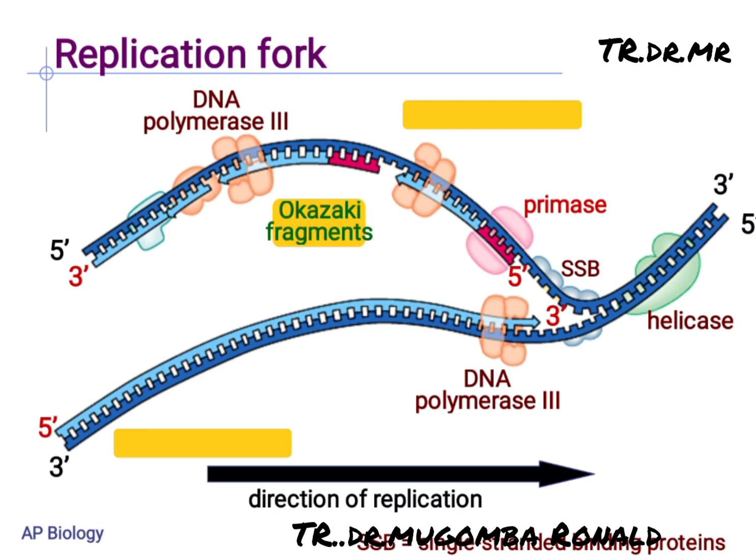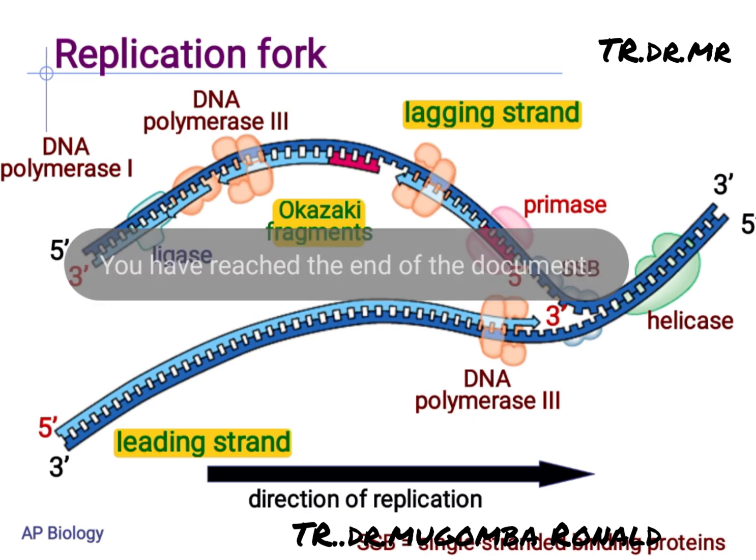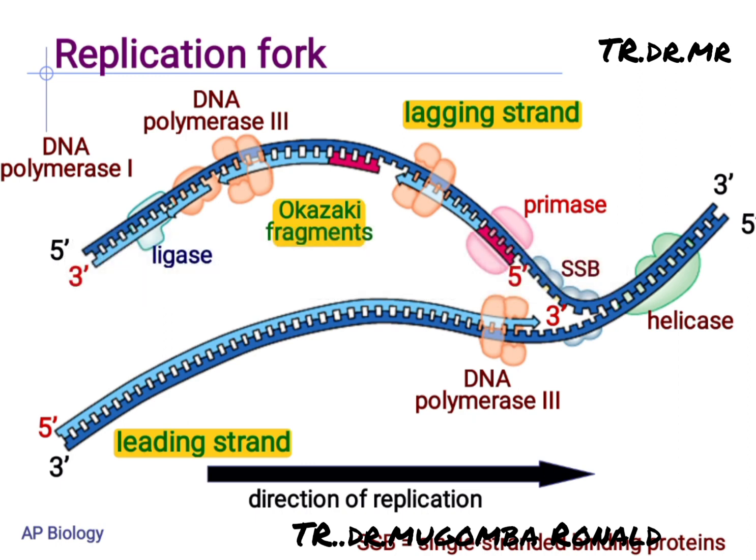Then we see Okazaki fragments in the lagging strand, and DNA ligase coming in to join those Okazaki fragments, along with DNA polymerase, which removes or excises the primers. So the leading strand has few primers. I wouldn't love to say it is one, because we have numerous replication bubbles. So that is how the whole process known as DNA replication takes place.